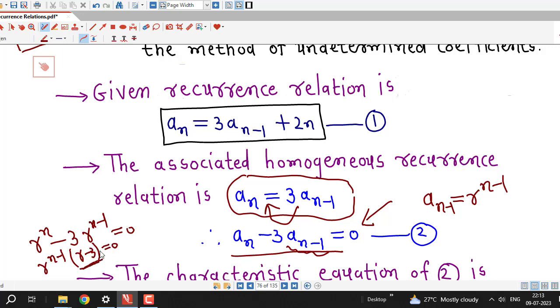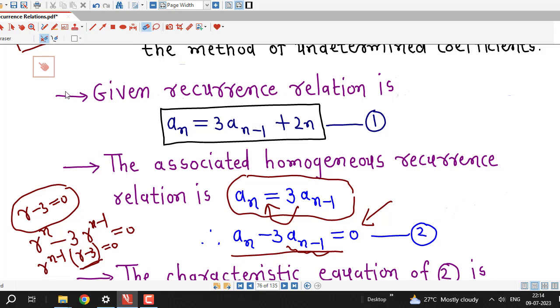And in the next step we will have r minus 3 equal to 0, and that is the characteristic equation of this recurrence relation. So to write down the characteristic equation, we will replace an by r raised to n, and after that we will replace n by degree of recurrence relation.